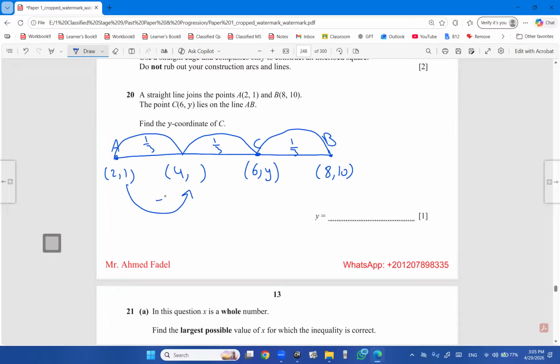So 1 plus 3 is going to give you here a 4. Then you add another 3. It's going to give you the Y 7. Then you add another 3. It's going to give you the 10. So noticing or knowing that the line is divided into 3 equal sections is going to help you find the Y.